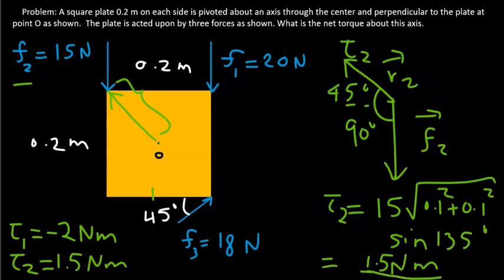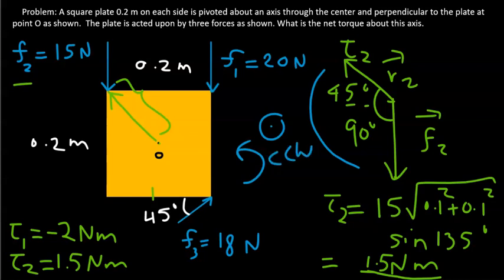Now, regarding the direction of this torque, when you curl your right hand fingers from R2 to F2, the thumb is going out of the plane. That means force 2 will tend to rotate this plate in a counterclockwise rotation. That means the sign for torque 2 has to be positive.